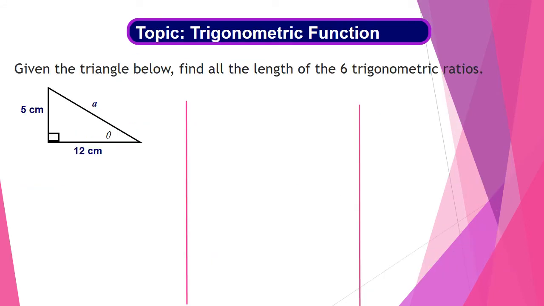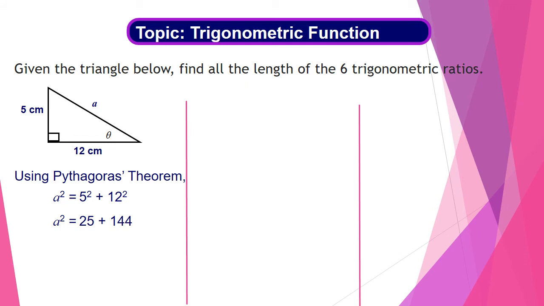Now, given a triangle with the opposite side as 5 cm and the adjacent side as 12 cm, we are asked to find all the 6 trigonometric ratios. The first step is to use Pythagoras theorem to find the hypotenuse, and we know that the square of the hypotenuse is equal to the sum of the squares of the other 2 sides.